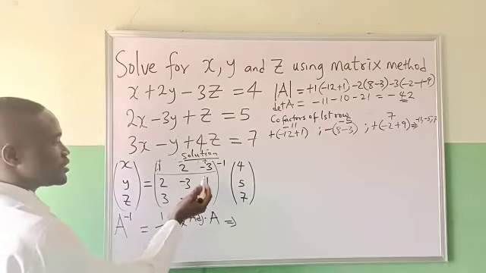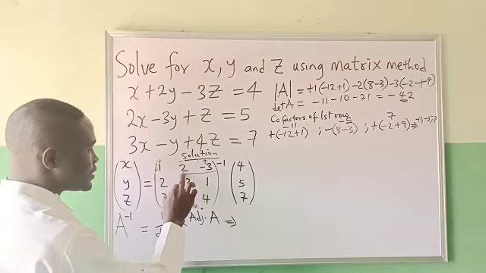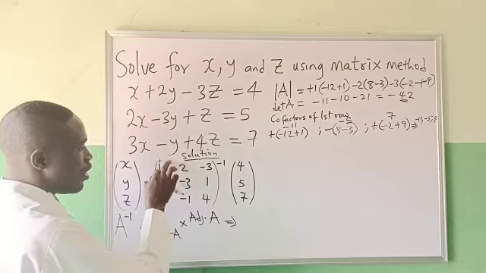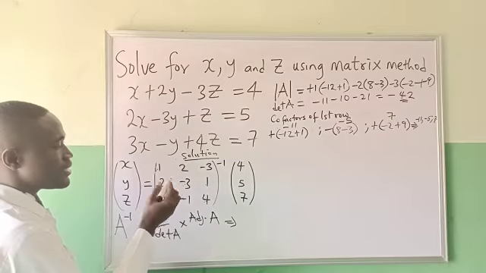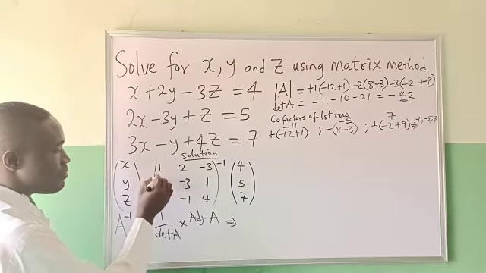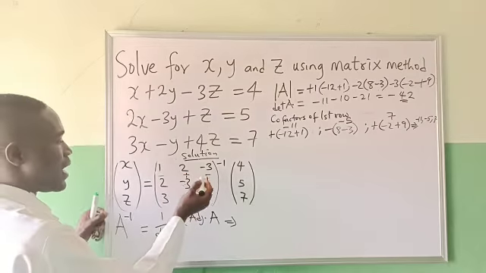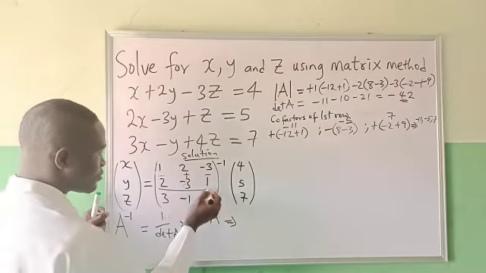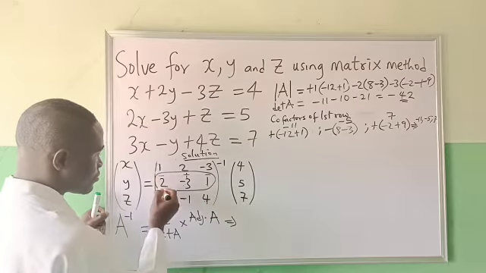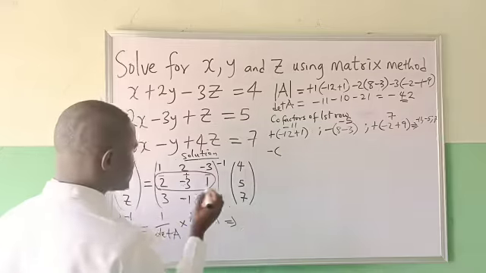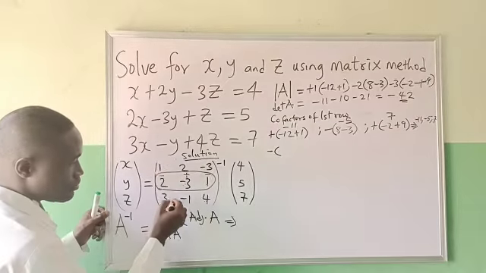We go for the second row. I will clean this now. I am no longer holding the first row. I will go and hold the second row. What are their inherent signs? Minus, plus, minus. So I am holding it now. Then the first one is minus bracket, hold the first column.